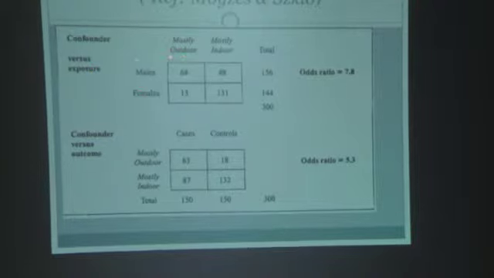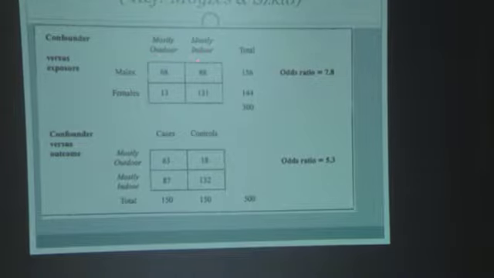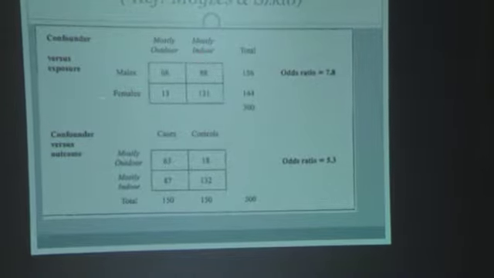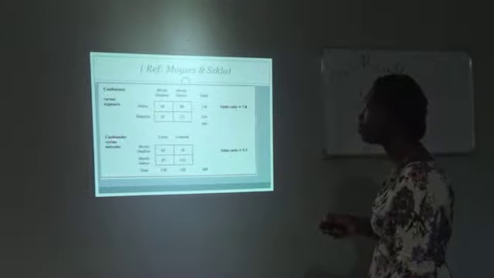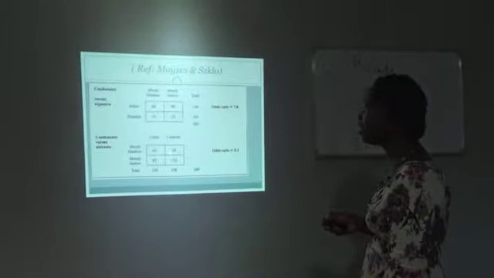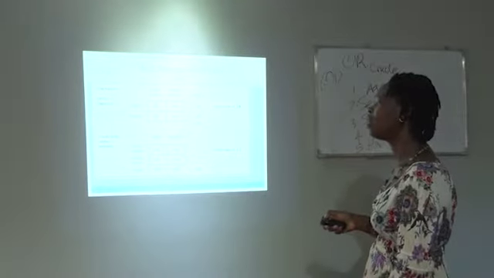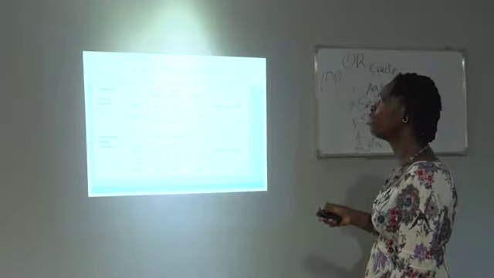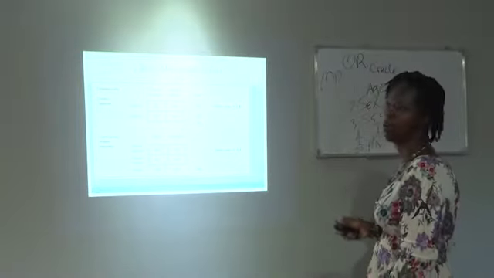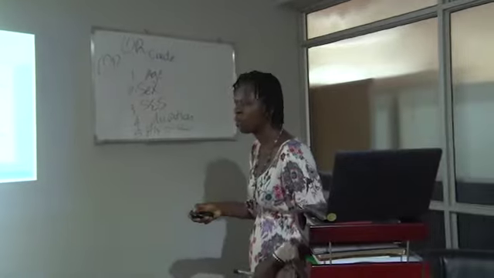Is there a relationship between the confounder being outdoor or indoor and being male or female? In the second one, we are assessing, is the confounder associated with the outcome? Is being in an outdoor job linked to having malaria or not having malaria? So we are assessing the confounder-exposure relationship and the confounder-outcome relationship.